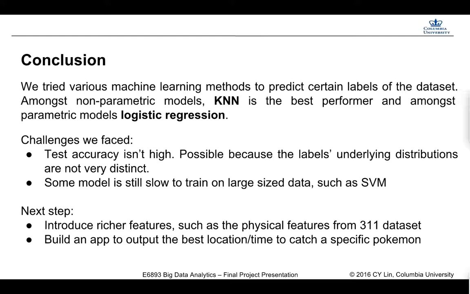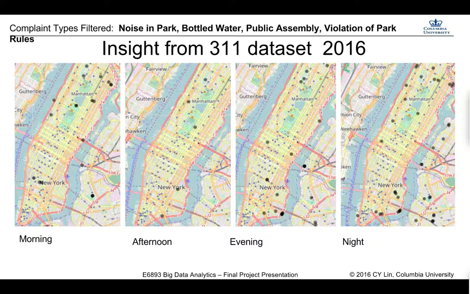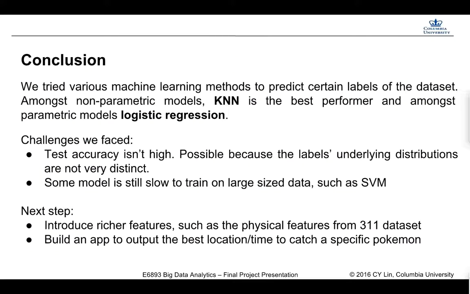Okay, so the last slide was really a good example telling us that from the physical real data, we could import some of the knowledge and build some richer features to enable us to tell a better story. In this predictive analytics project, we tried different machine learning methods, and it seems that k-nearest neighbors and logistic regression are the two best performing ones.